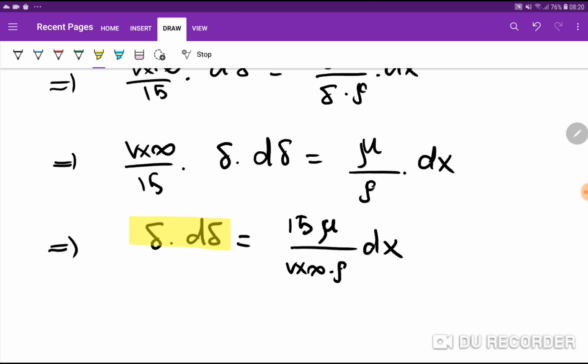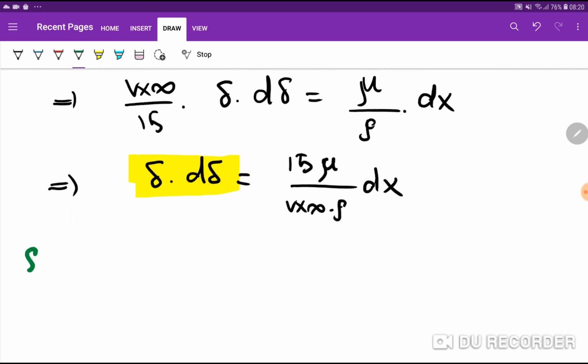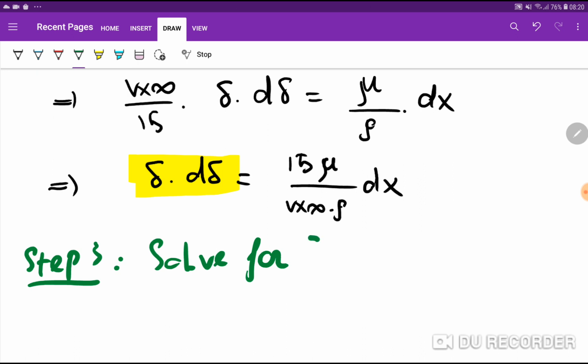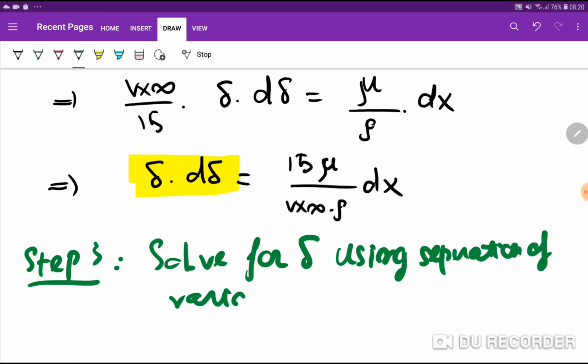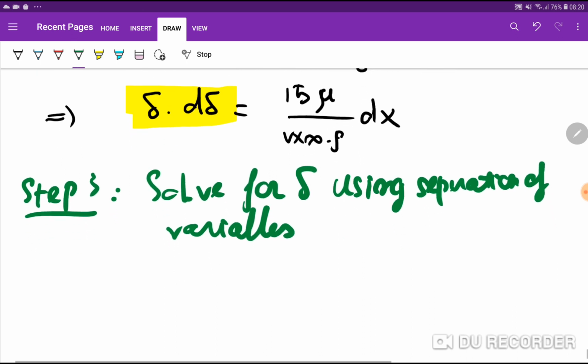Perfect. So to the last step, Step 3: solve for δ using separation of variables. We have separated already, so now we're gonna integrate.